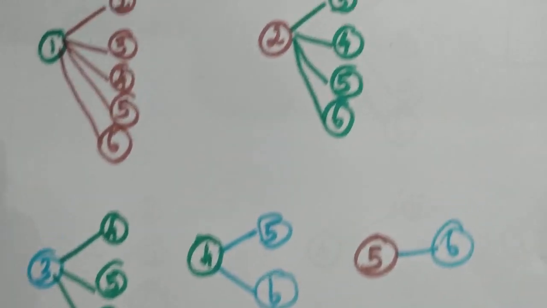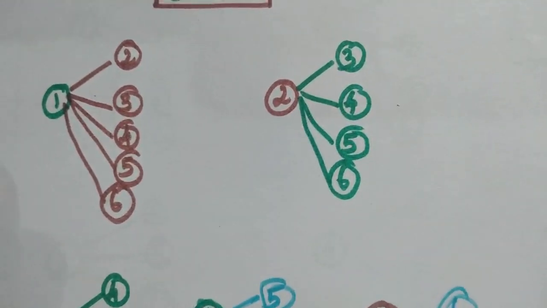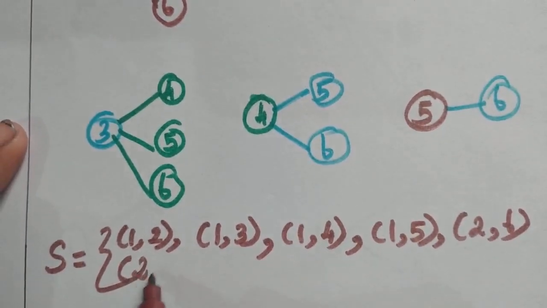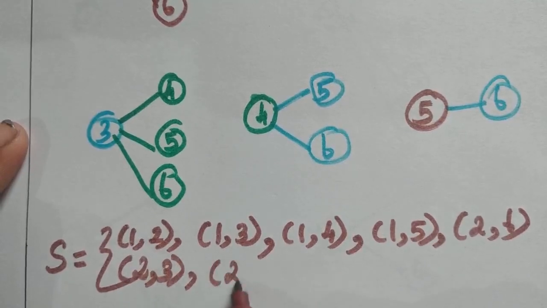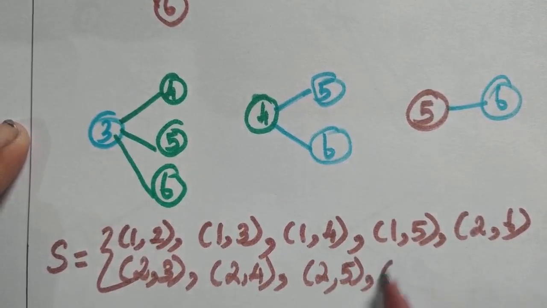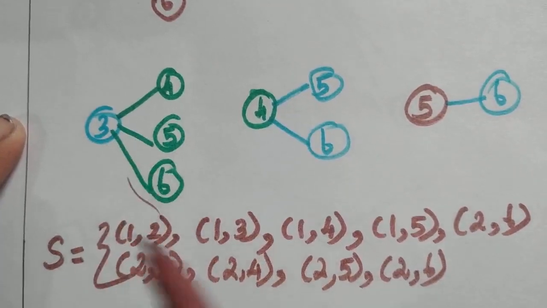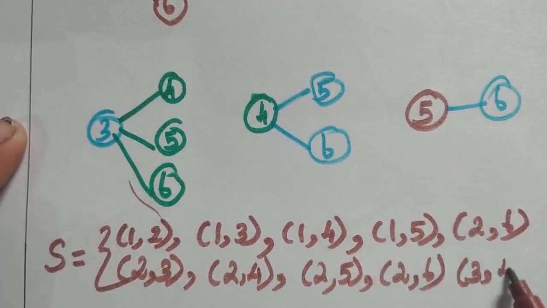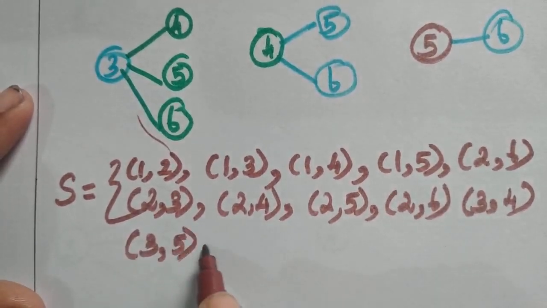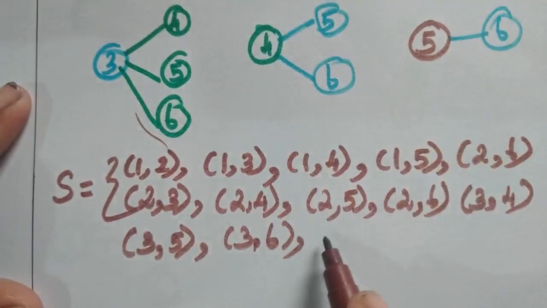And in the second one, 2,3; 2,4; 2,5; 2,6. Here 3,4; 3,5; 3,6. Here 4,5; 4,6.